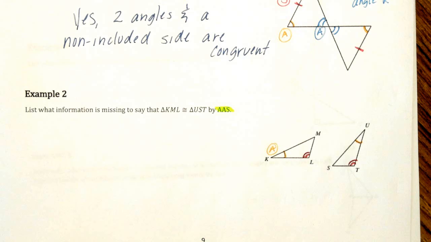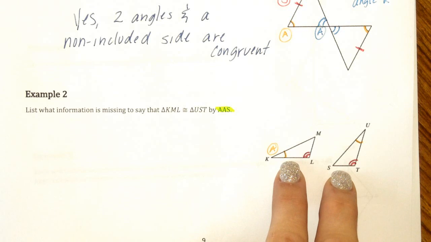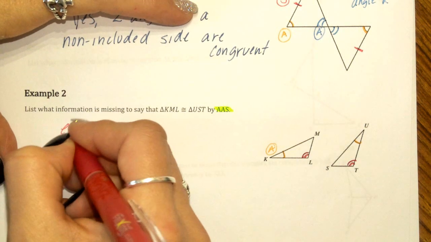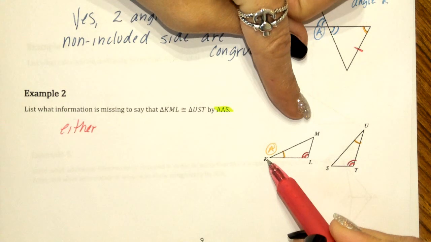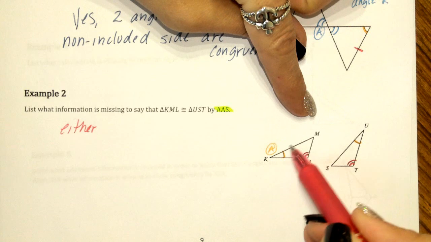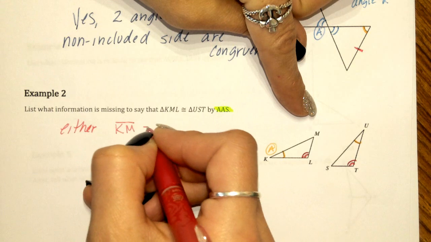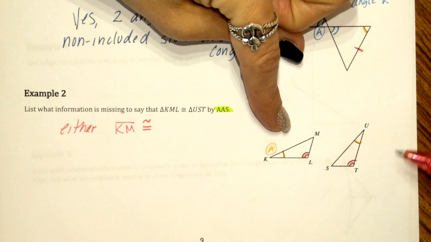You actually have two different options here. The only side we cannot use for AAS is the side between the two angles. So we can say that segment KM, because it's not between the two angles, is congruent to the matching one over here.